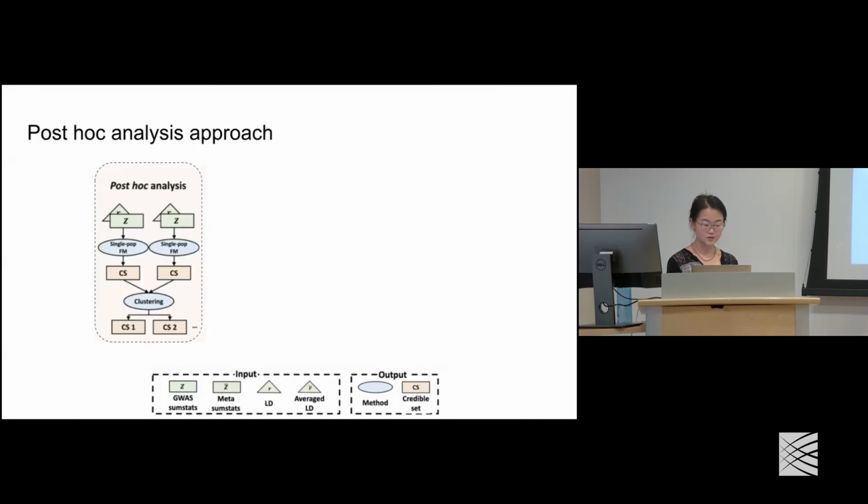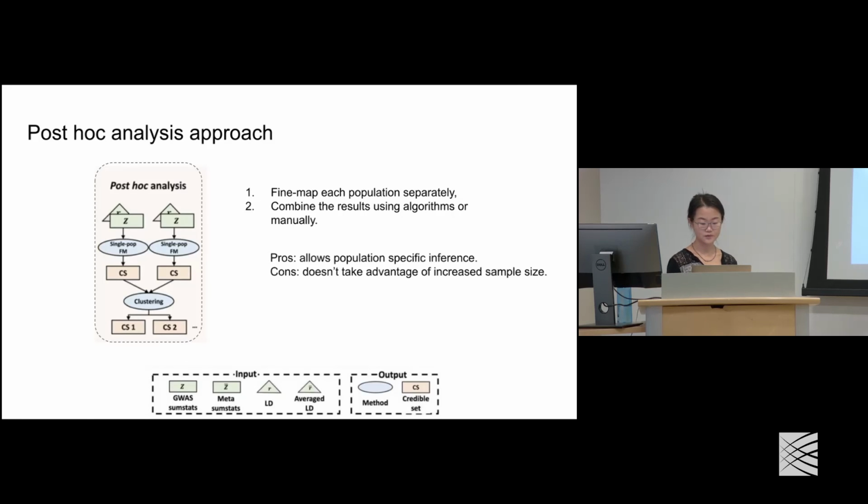And the second approach is the post hoc analysis approach. So for this one, you fine map each population separately, so you don't have to worry about how to model different LD structure, how to model all these complex things. You just do single population fine mapping. And then after you've done that for all the populations you care about, you combine the results using algorithms or manually.